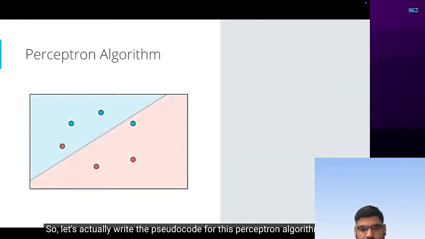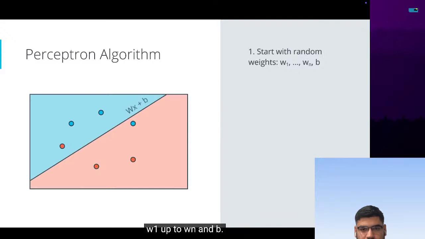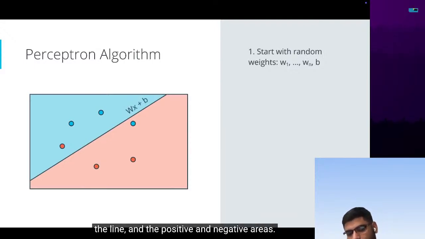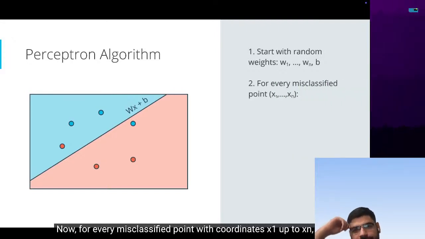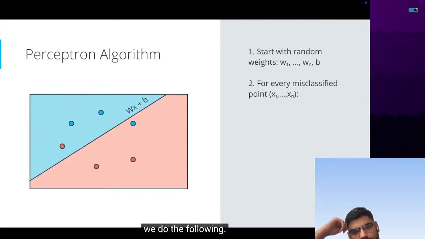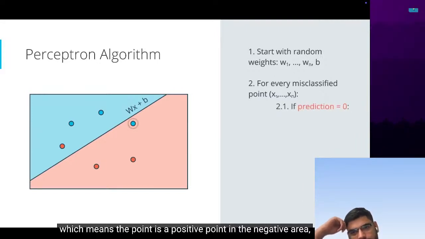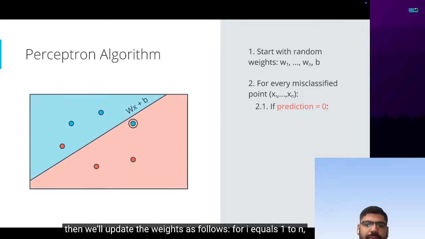So let's actually write the pseudocode for this perceptron algorithm. We start with random weights w1 up to wn and b. This gives us the equation wx plus b, the line, and the positive and negative areas. Now for every misclassified point with coordinates x1 up to xn, we do the following. If the prediction was 0, which means the point is a positive point in the negative area, then we'll update the weights as follows.